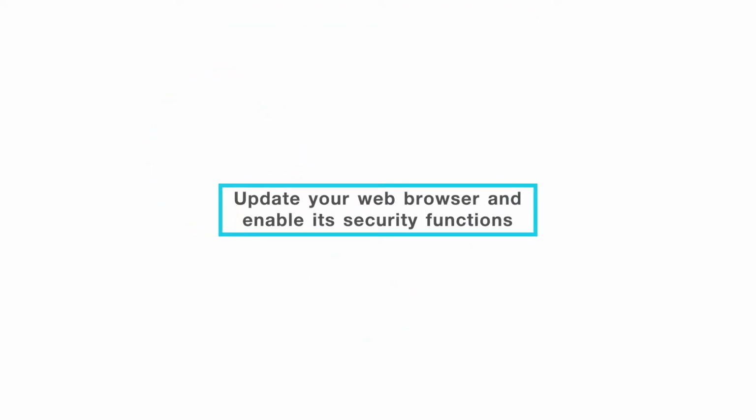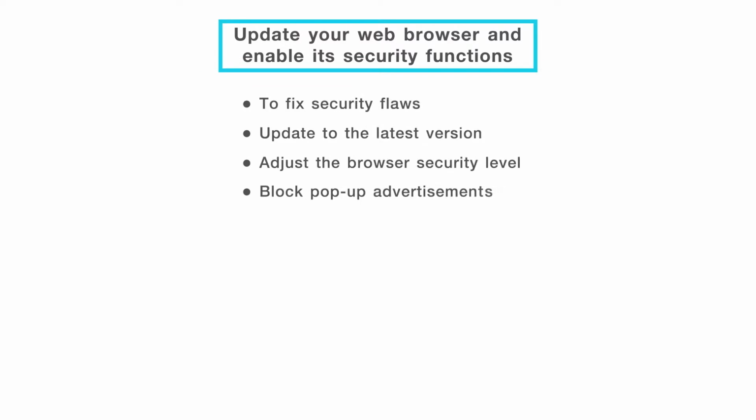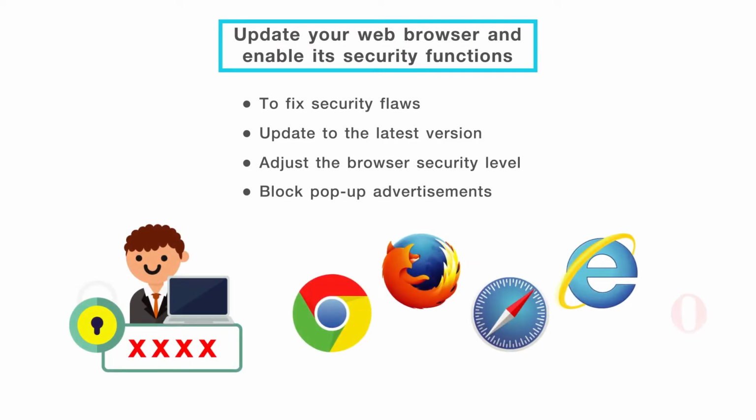Update your web browser and enable its security functions. Web browsers are regularly updated to fix security flaws. It is important to update your web browser to the latest version. Your web browser security functions can usually be found in one of the drop-down menu items.